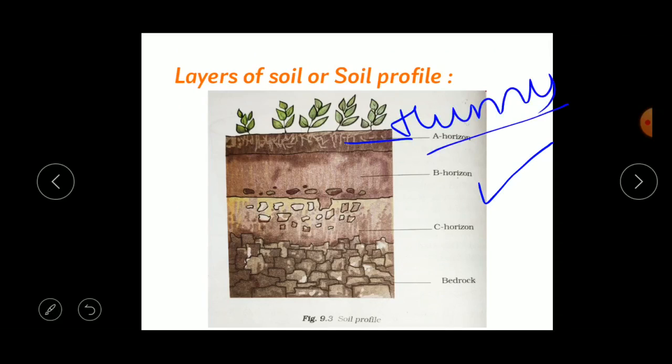The rotting dead matter in the soil is called humus, right? So this layer is rich in humus as well as minerals, and the humus makes the soil fertile. The presence of humus makes the soil fertile and it provides nutrients for the growth of plants, right?